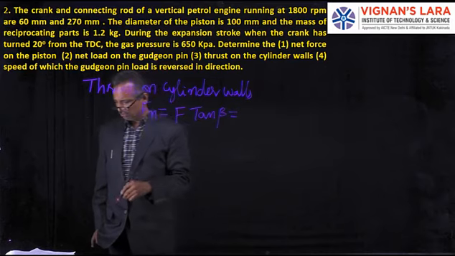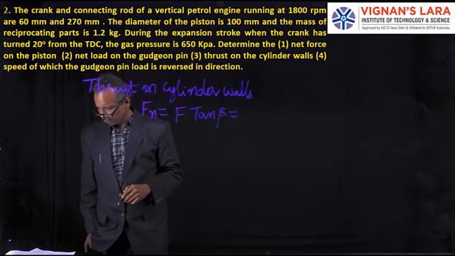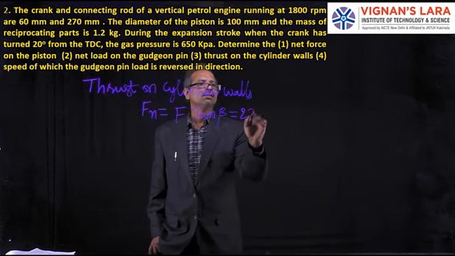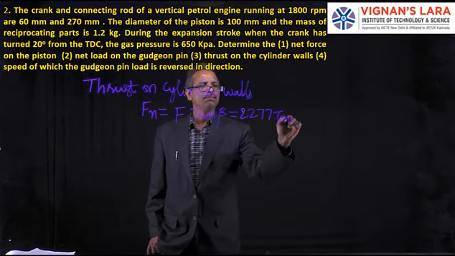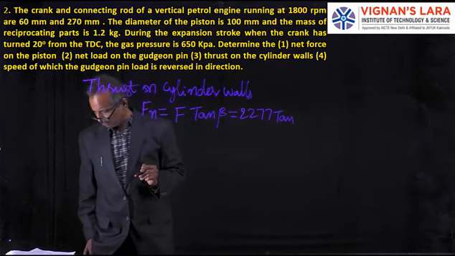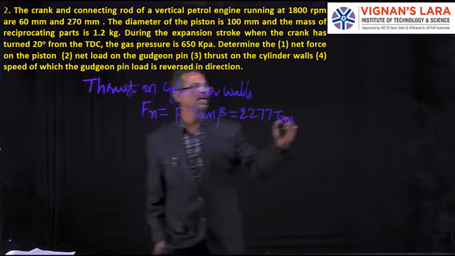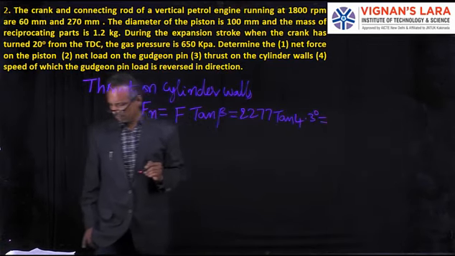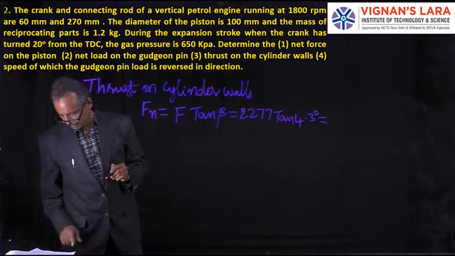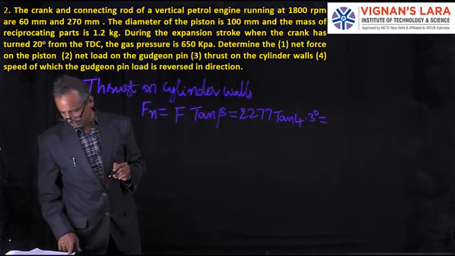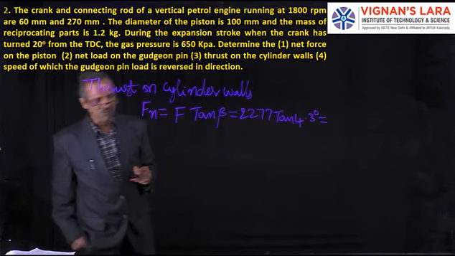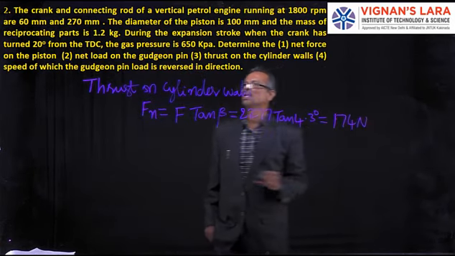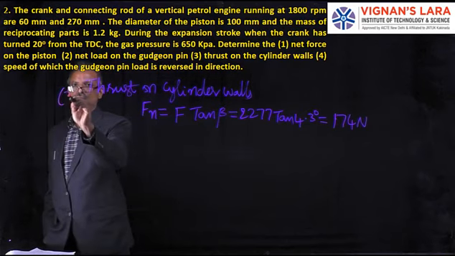We already know the F value, 2277. And what is tan beta? Beta value is 4.3, that is tan 4.3 degrees. So that gives Fn as 2277 tan beta, which is 174 Newton. This is the third part of the problem.